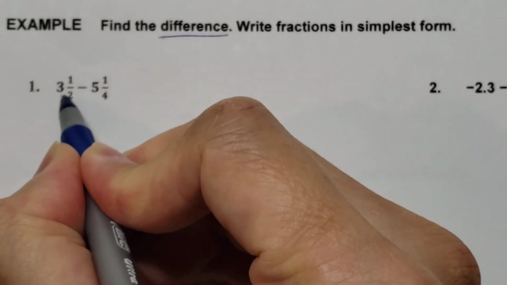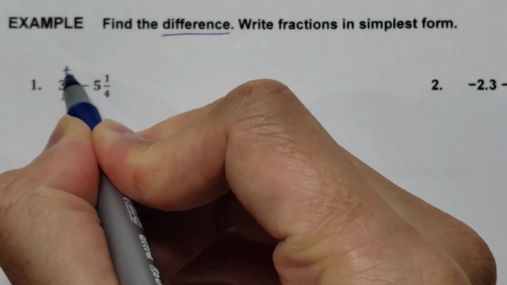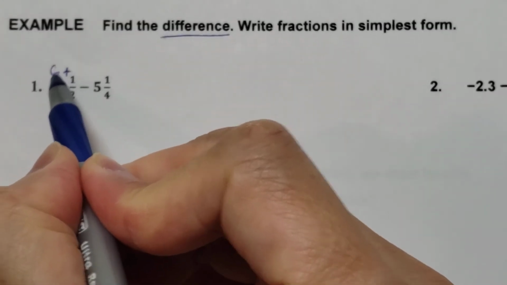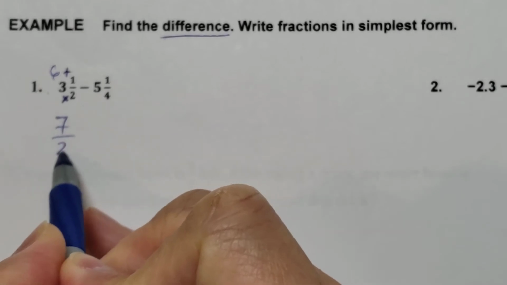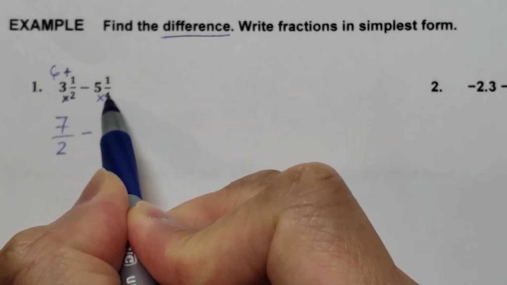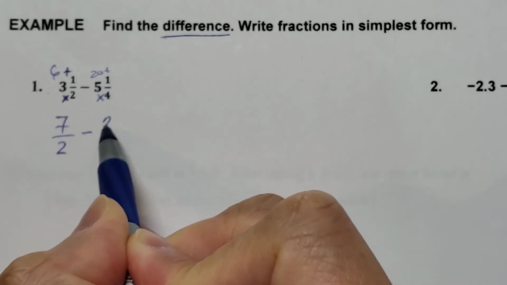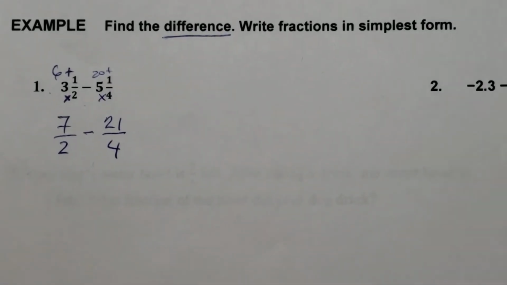We multiply and we add, to change this into an improper fraction. So you get 3 times 2 is 6. 6 plus 1 is 7. So you got 7/2 minus, so 5 times 4 is 20 plus 1. That gives us 21/4.